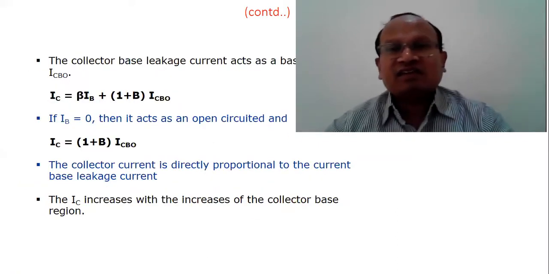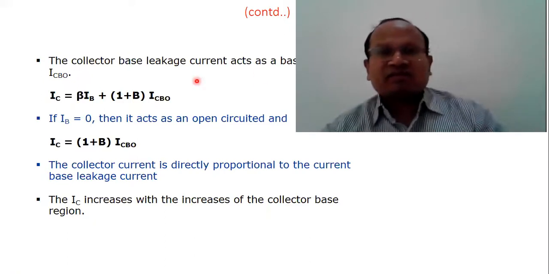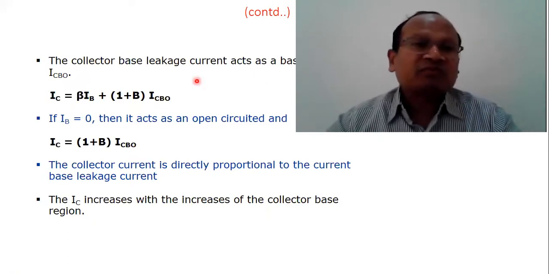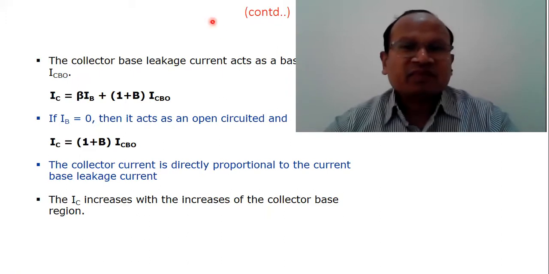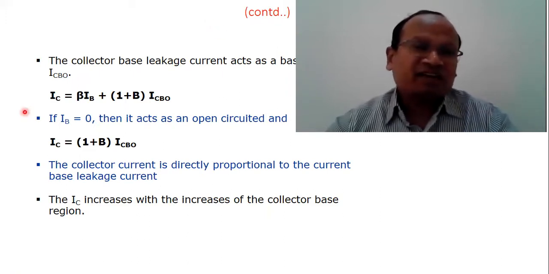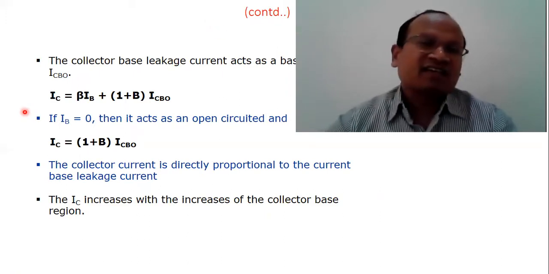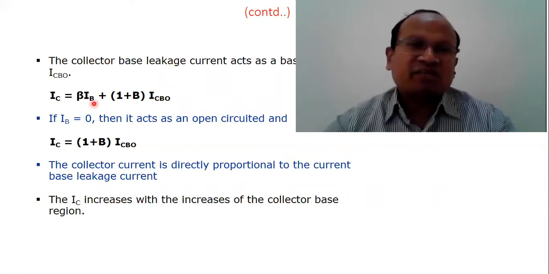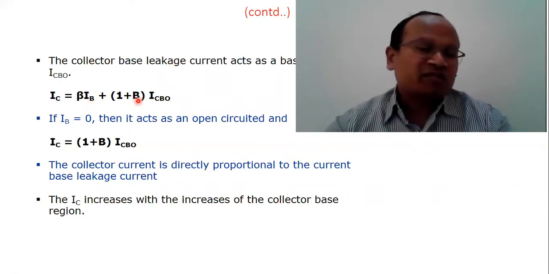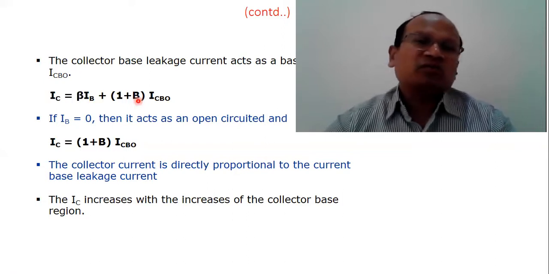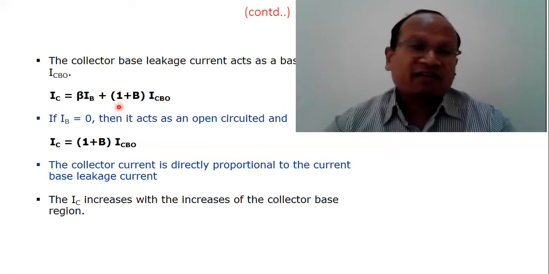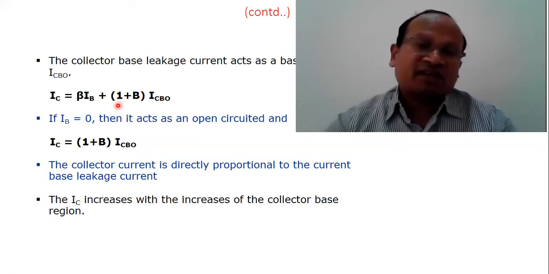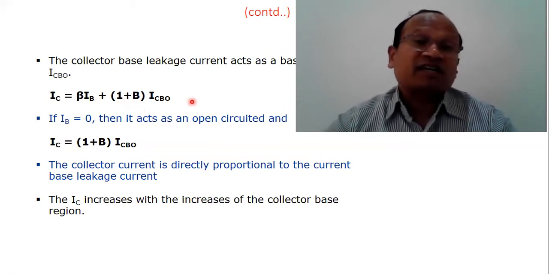This is the mathematical background about the collector current which flows in the ordinary transistor. If you remember, the correct expression of the base current in any ordinary transistor is written as IC equals beta IB plus 1 plus beta into ICBO, where beta is the current gain, IB is base current, ICBO is the reverse saturation current.